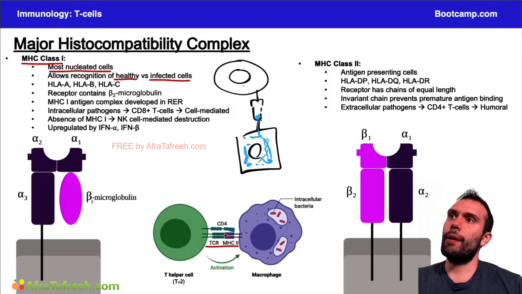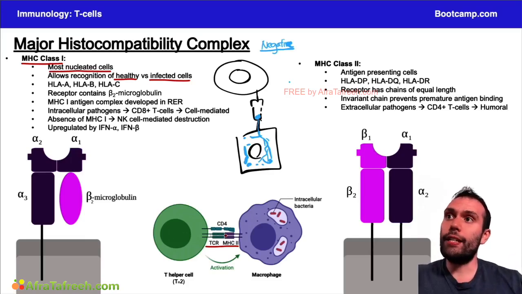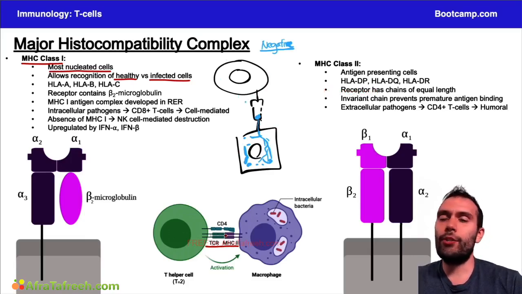And this T cell might recognize that and say, hey, okay, that's a self-antigen. And remember, we already talked about this. In negative selection, we had our T cells undergo negative selection in the thymus when they were maturing. And in negative selection, the T cells that bound to self-antigens were eliminated, and the ones that survived did not bind to self-antigens. So this T cell that's seeing this healthy cell putting a self-antigen here is not really going to bind to it that tightly. And so there's nothing to worry about, right?